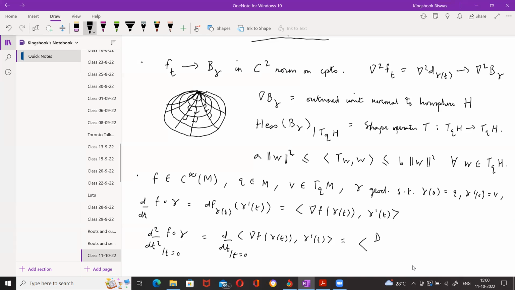capital D/dt of grad f along gamma, right?